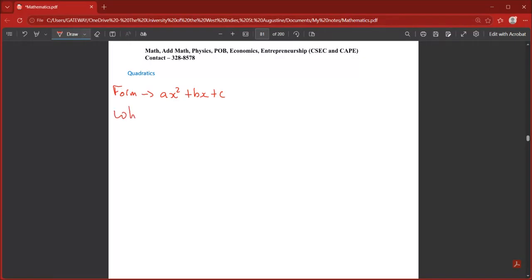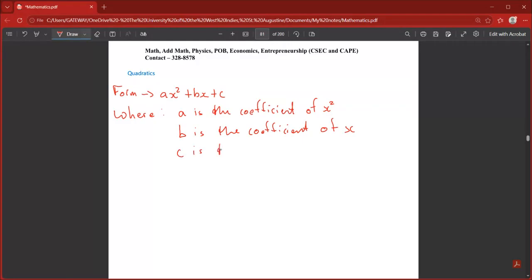So where a is the coefficient of x squared, b is the coefficient of x, and c is the constant, right? A, b, and c will be actual numbers.